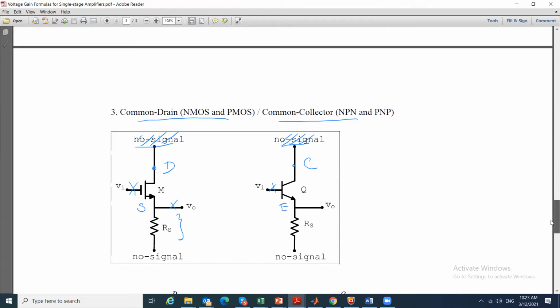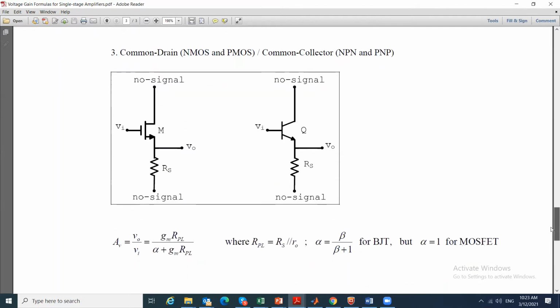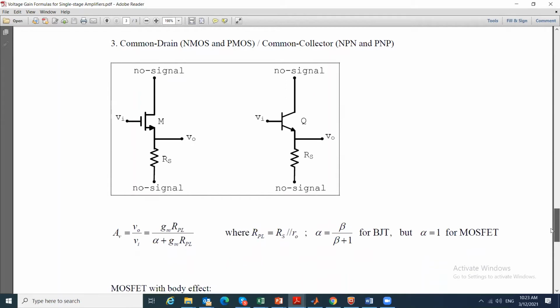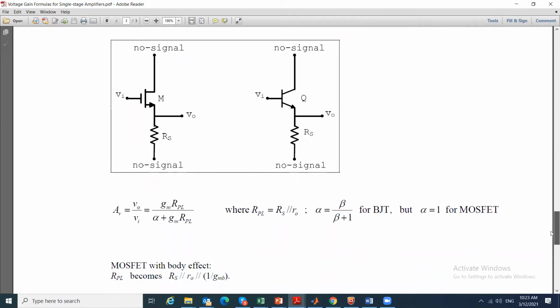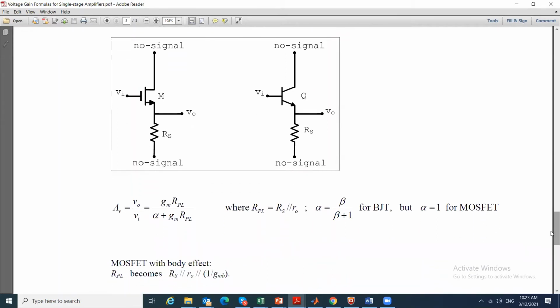If we look at this specific circuit, it is characterized by the gain. The gain is a function of RS parallel to RO, which is the resistor self RO. Then the overall gain, we will derive it briefly, is a function of this equation.